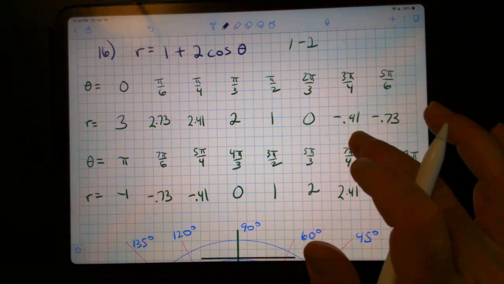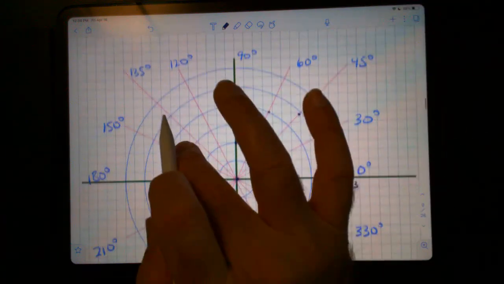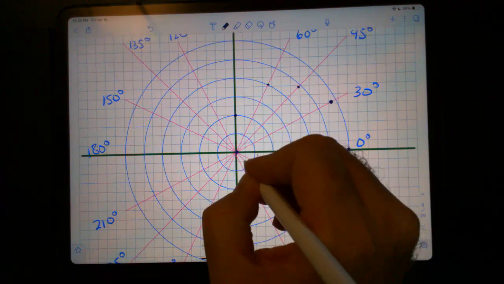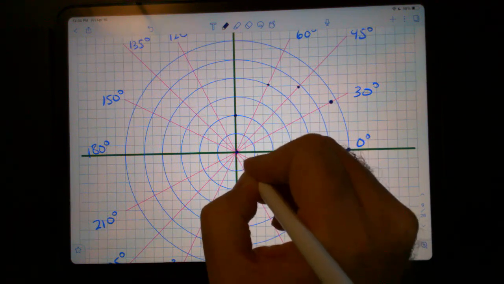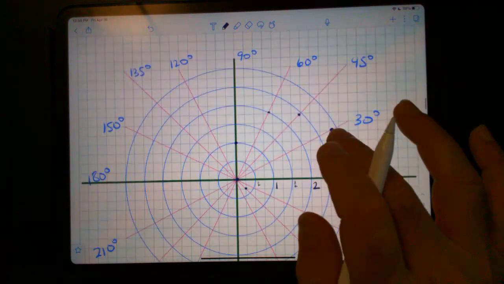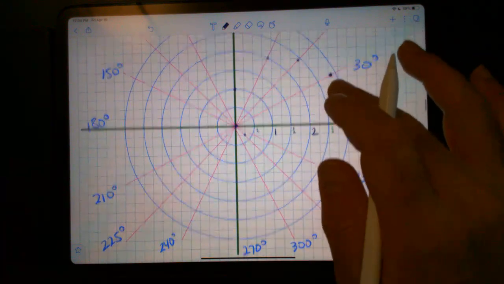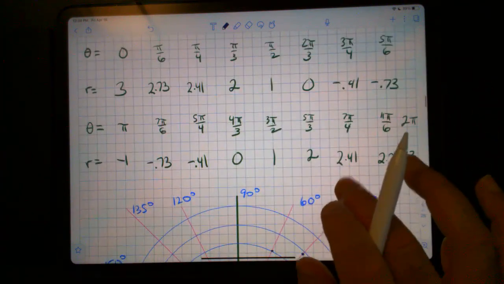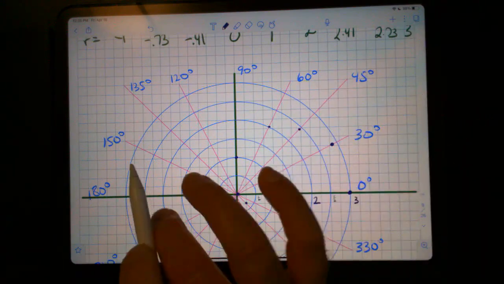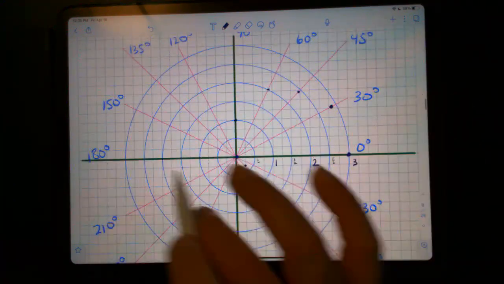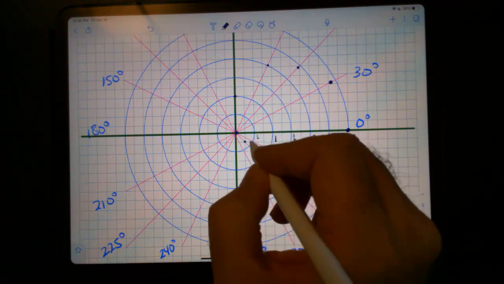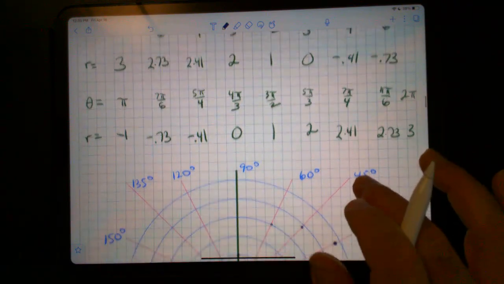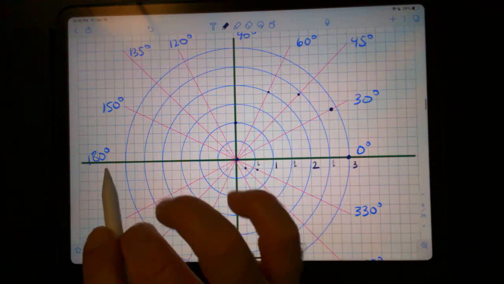3 pi over 4, we have negative 0.41, which is the same thing as this at a positive 0.41. 5 pi over 6, negative 0.73. Pi is a negative 1.